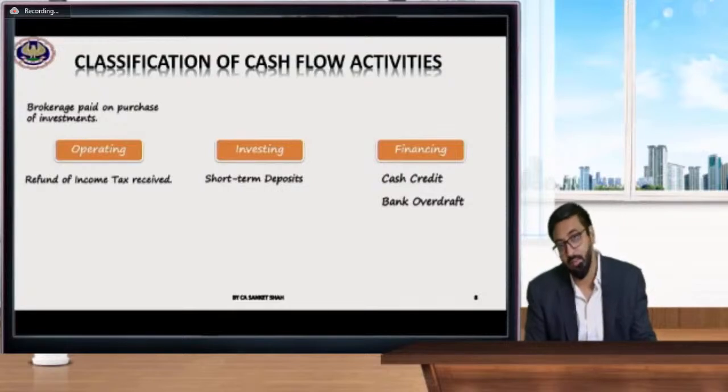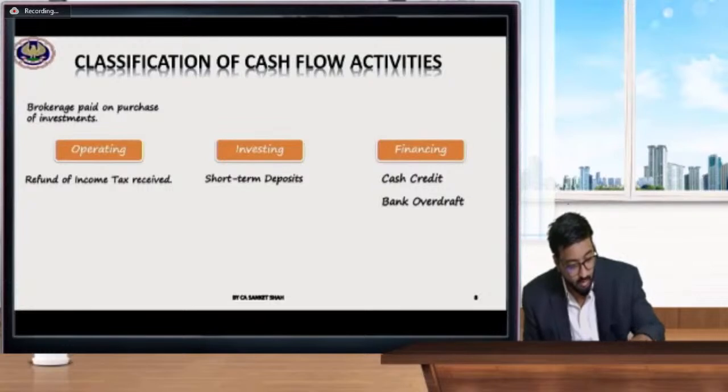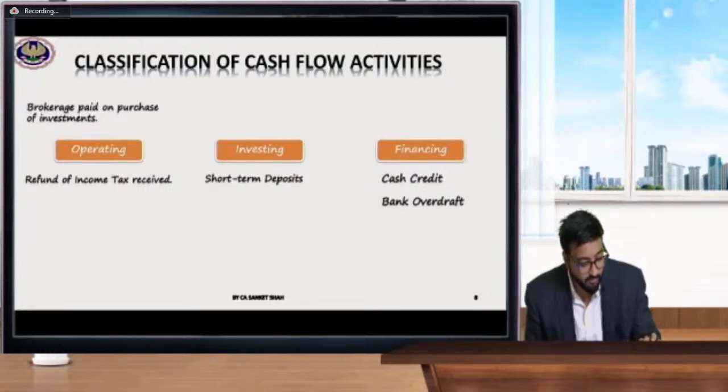Now you tell me. Brokerage paid on purchase of investment. This is number 4. Himanshu, wrong. Number 4.